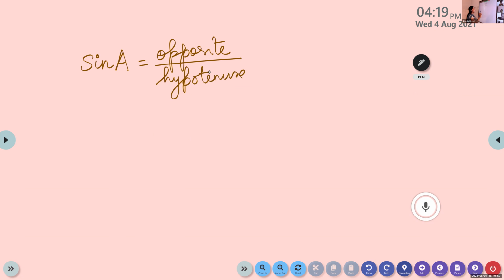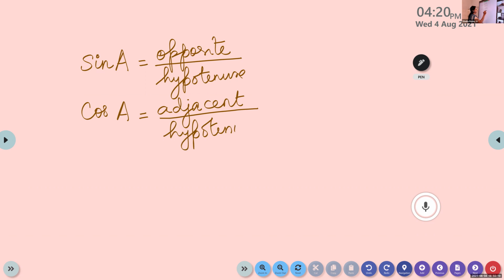Okay, sine is side opposite to angle A by hypotenuse. What about cos of the angle? Adjacent side by hypotenuse. Very good. Cos A is the side adjacent to angle A by hypotenuse.